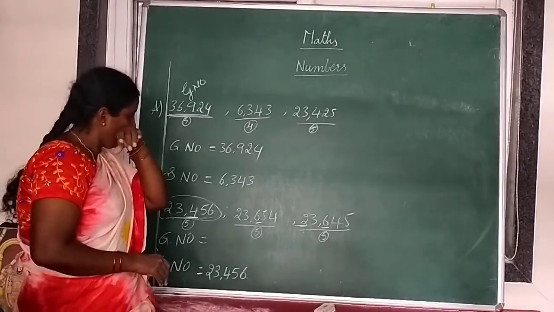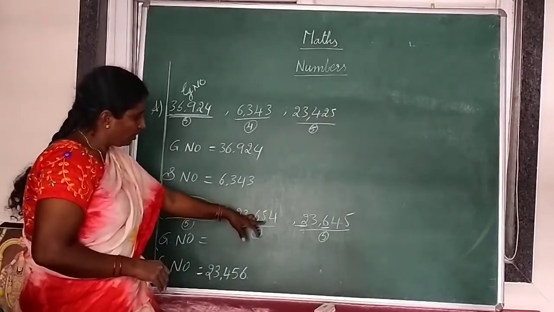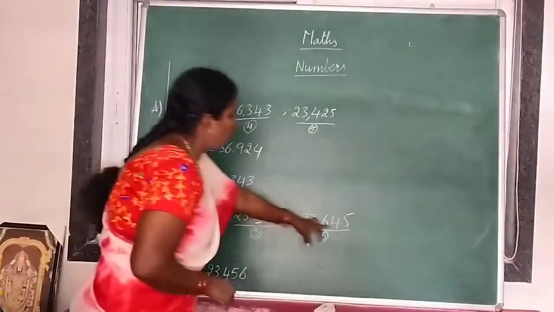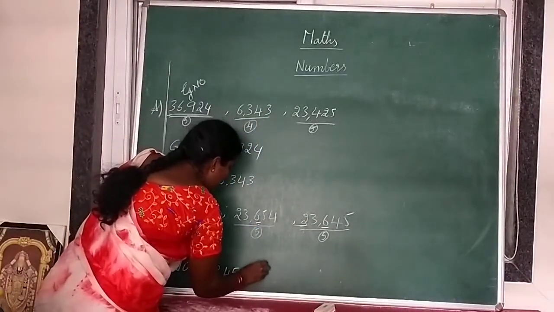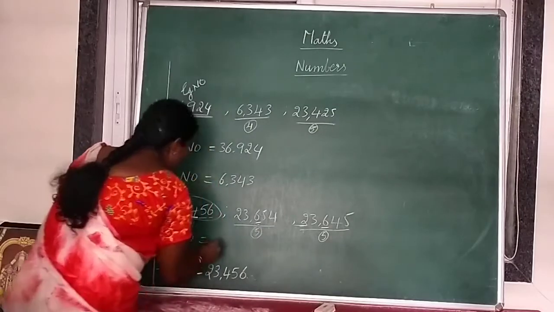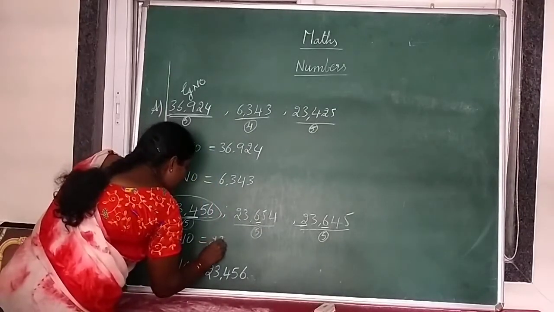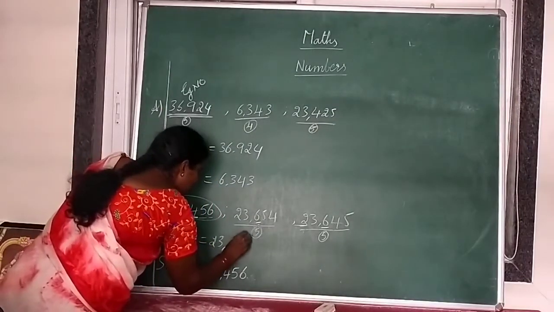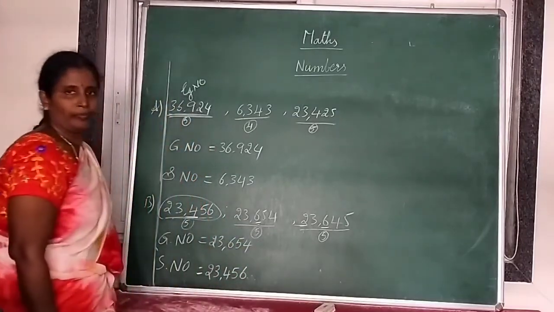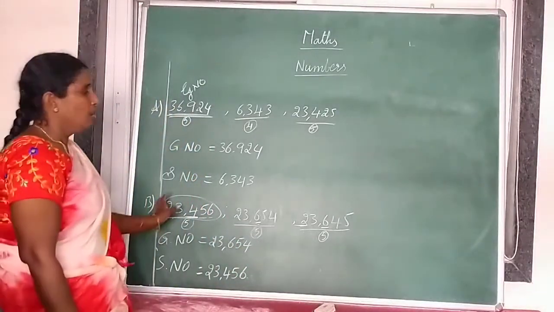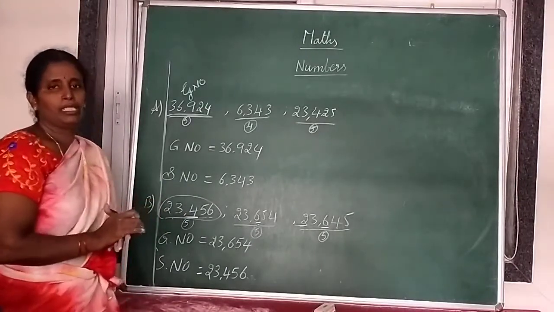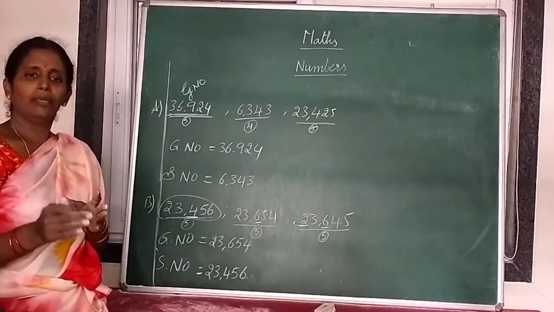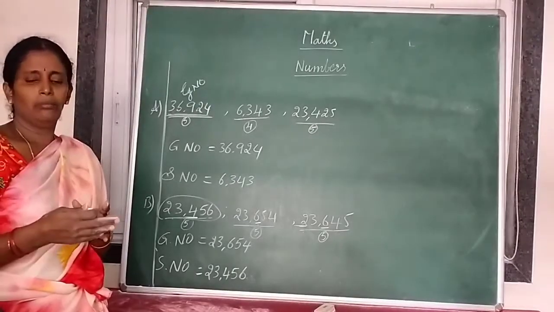Which is greater, 5 or 4? 5 is greater than 4. So which is the greatest number? 23,654. Understood?